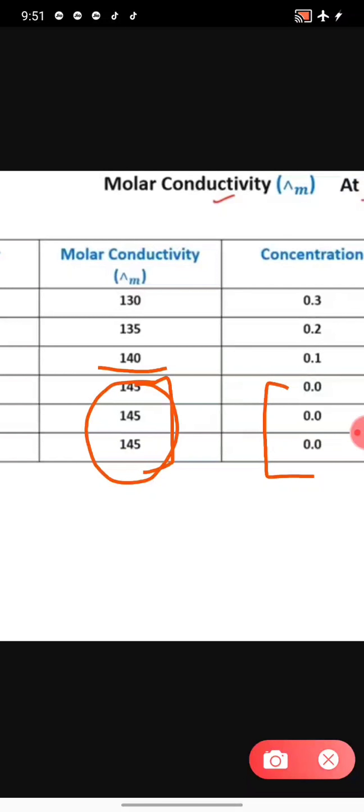That is, you can dilute a solution up to a certain level, beyond which even on diluting there will be no change in the value of molar conductivity, and that particular value is considered as infinite dilution or zero concentration, as you can see here.